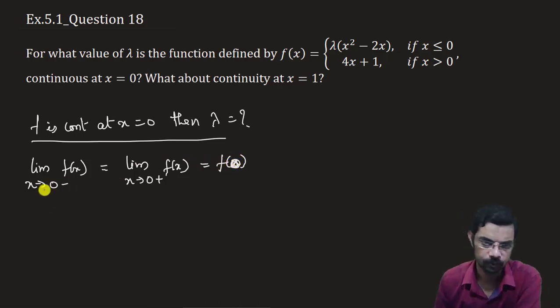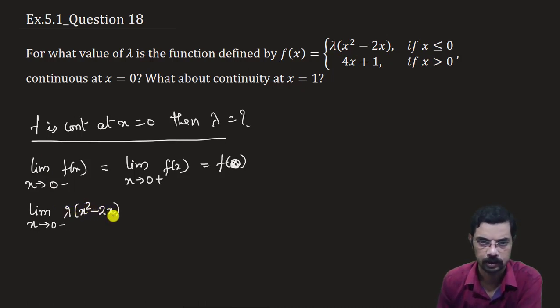So let us try to find the left hand limit. Limit x tends to 0 from the left. What was f of x when x is less than 0? It is lambda into x square minus 2x.